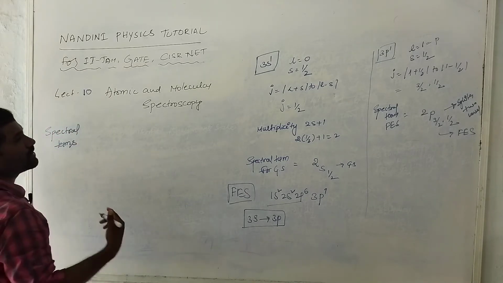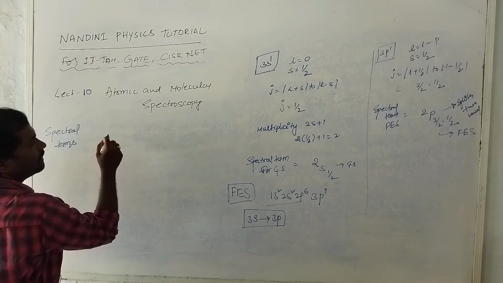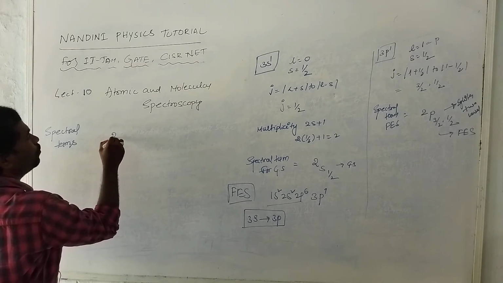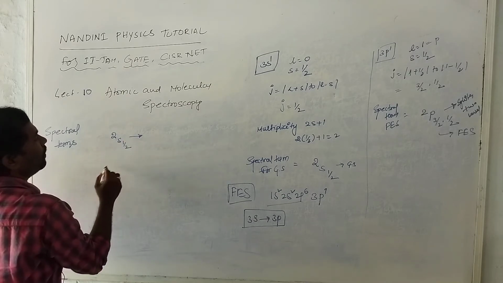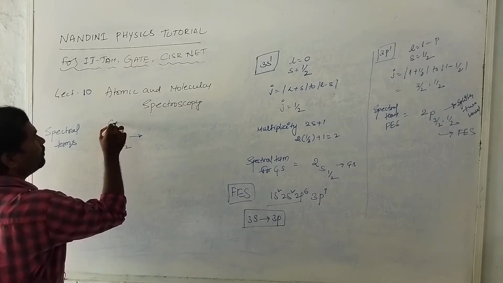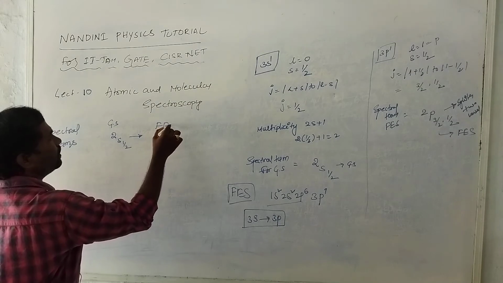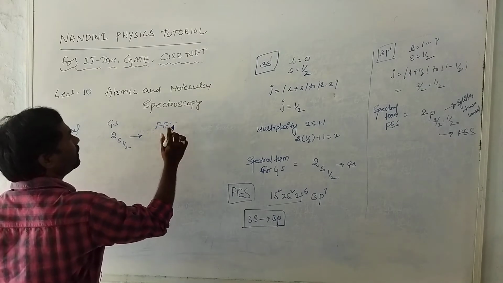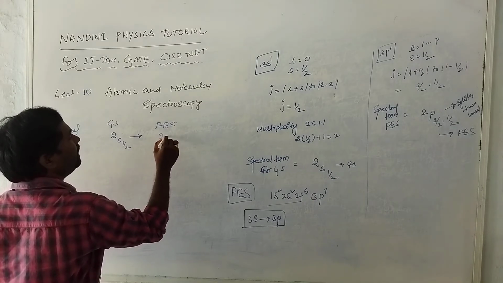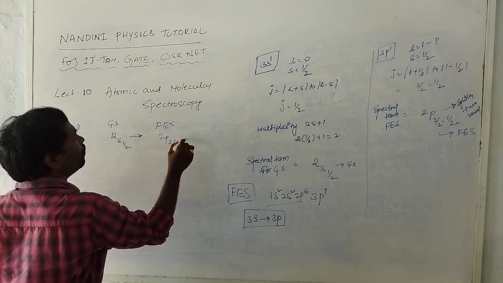Using these spectral terms, the ground spectral term is nothing but 2S 1/2, and this is the ground state potential, and the first excited state is nothing but 2P 3/2 to 1/2.